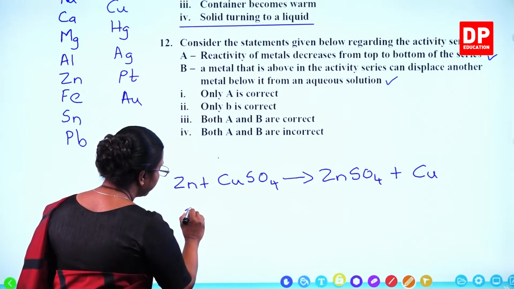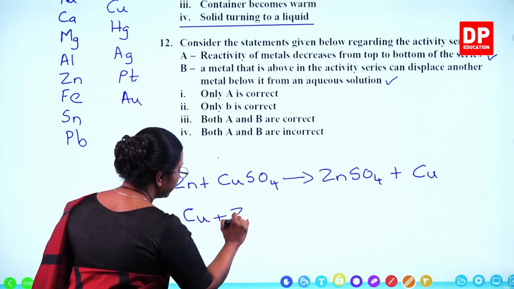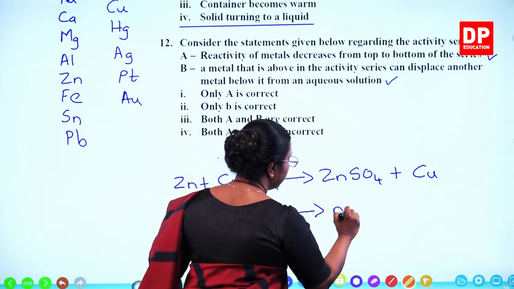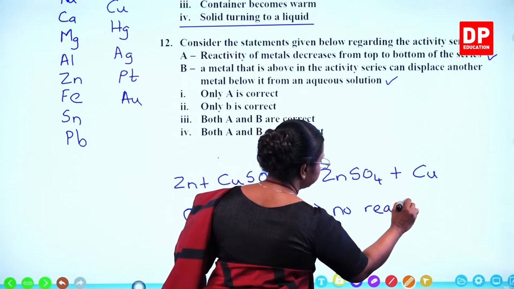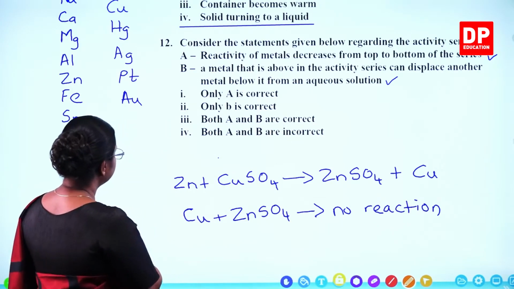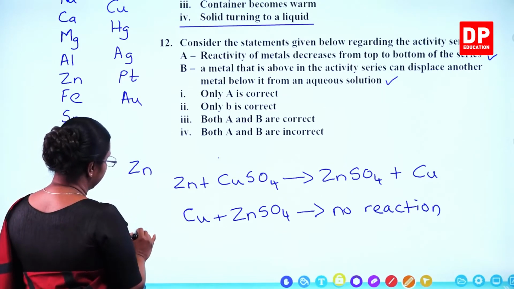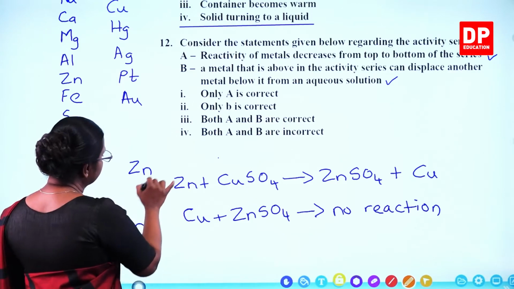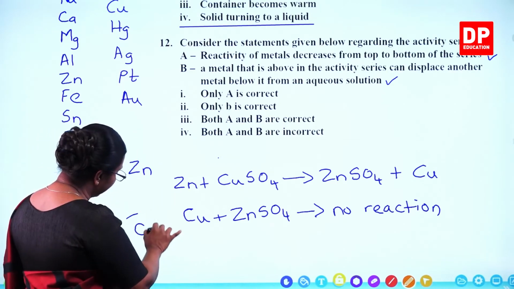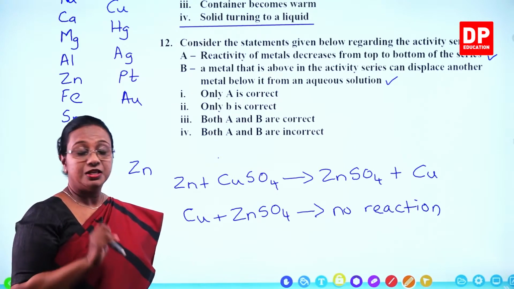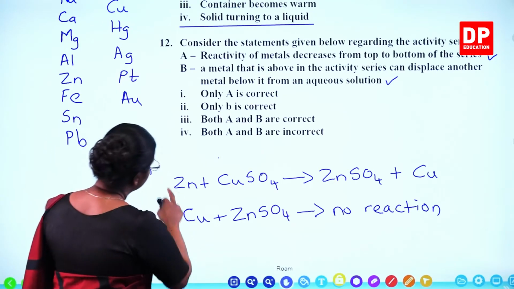But if you put copper into zinc sulphate, then there will be no reaction. Because if you take the activity series, zinc is above, copper is below. So the metal that is above can displace a metal that is below in the activity series. You can remember that.